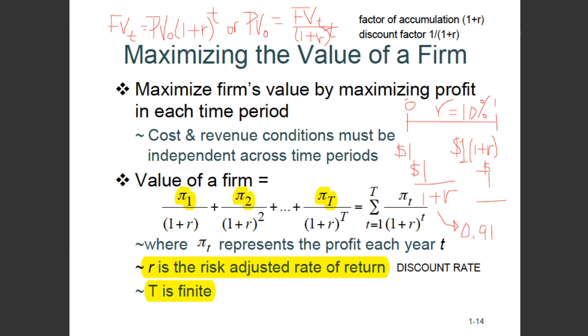If I'm going to round it, it's like 91 cents for $1, or if it's a million, it's $909,000.